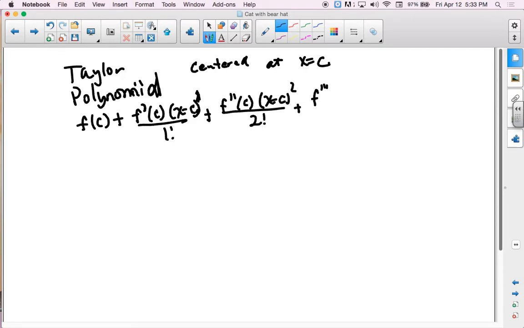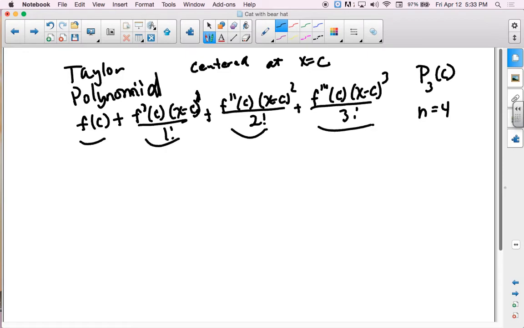Third derivative at c, x minus c to the third over 3 factorial, and so on and so forth. By the way, this one, to denote it, would be a P of c with a little 3 down here. That means a third degree polynomial. But it would also be an n equals 4 because it has 1, 2, 3, 4 terms. So to get the language down.